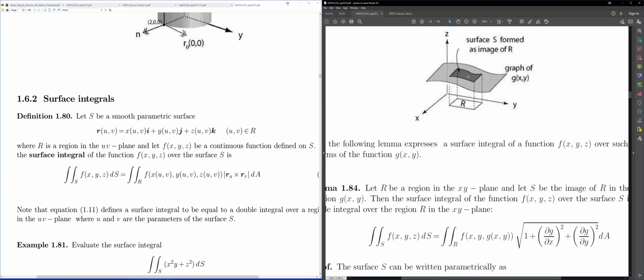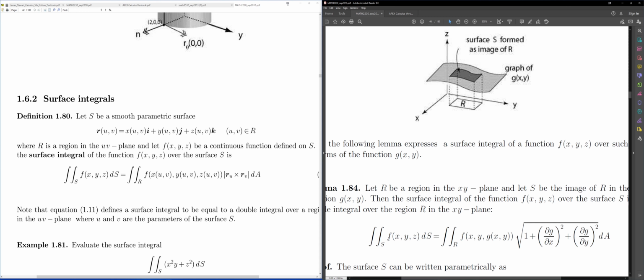And once you have S, you need to project it down onto the xy plane to get a region R. This region R is on the xy plane. So basically you need g(x,y), the surface S living on the graph of z = g(x,y), and then from S you project down onto the xy plane to get a region R. Once you have those three things, you can use this formula.